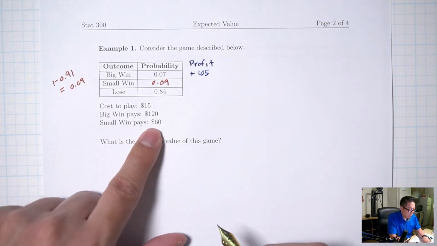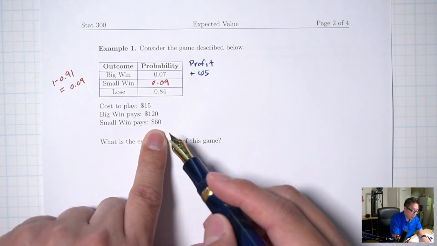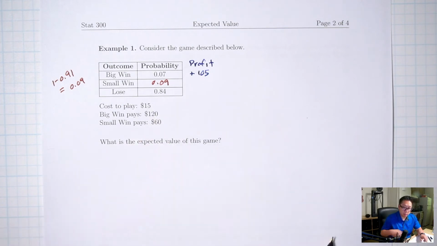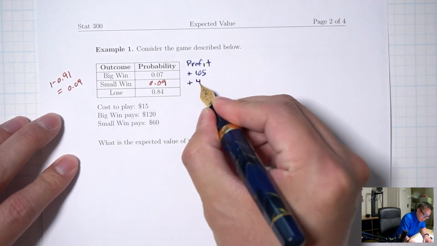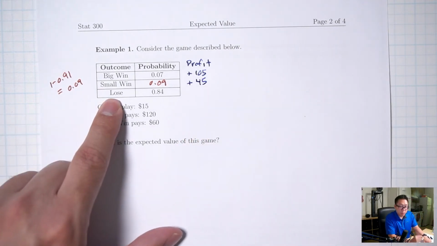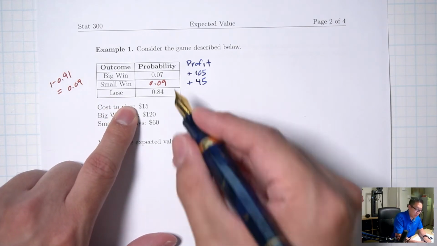Small win is $60, and then also subtract off the cost to play. So 60 minus 15, let me do this on the calculator, plus 45. And then you lose, you get nothing, so you're down what you paid to play. So you're minus 15.